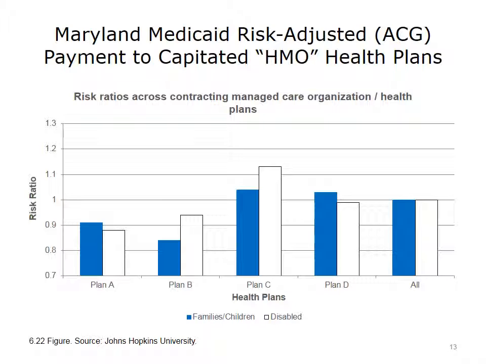Here, we have real data aggregated across various managed care organizations, MCOs, which are types of accountable care organizations in the Medicaid program. This graph shows the relative risk, that is higher or lower than average, which is 1.0, for two distinct populations in the Medicaid cohort: families and children, and those who are disabled across 5 MCOs.